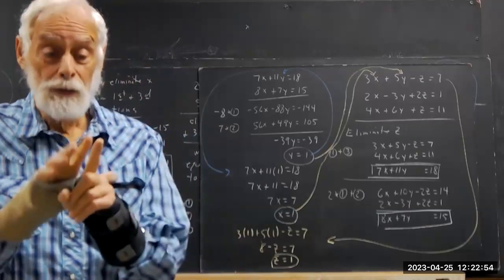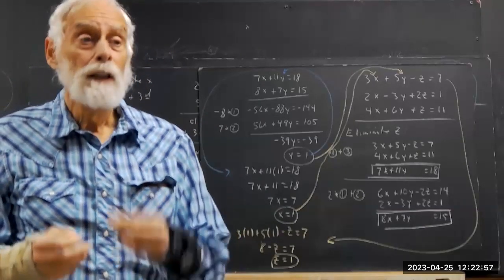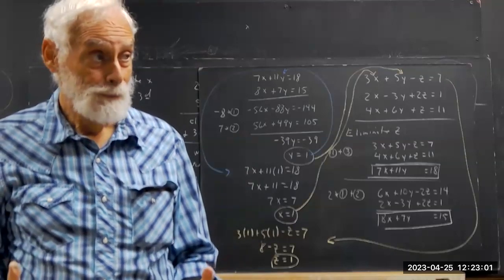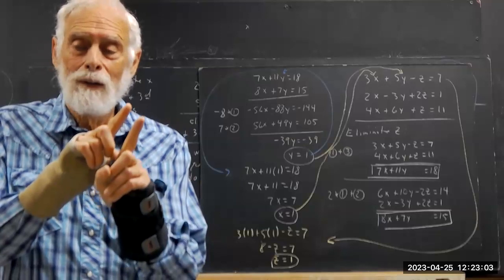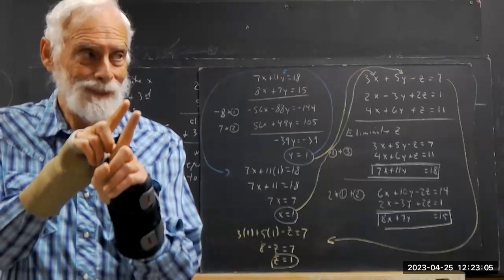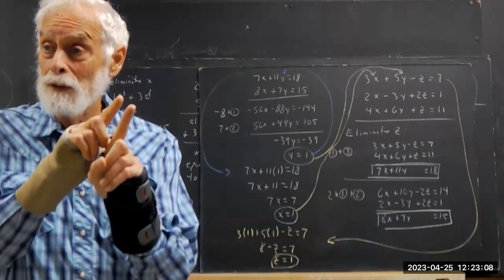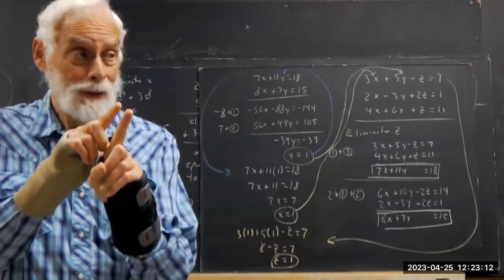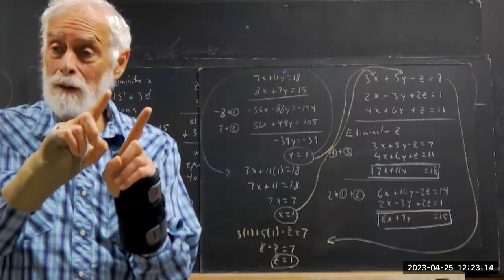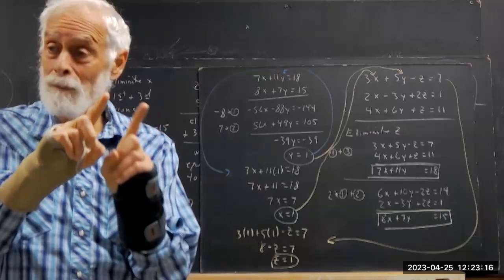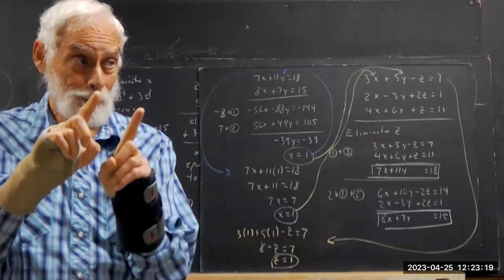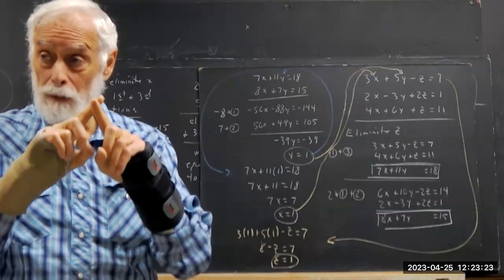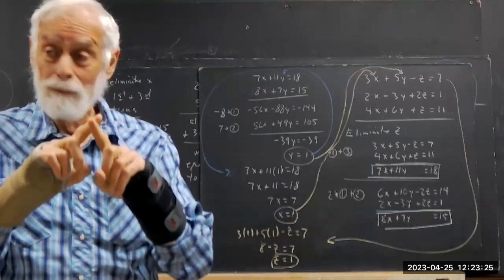So you can have infinitely many solutions, because what you're looking for is a set of points that satisfy both equations. If you have parallel lines that are right on top of each other, meaning they're the same line, then every point on that line is a solution. If you have parallel lines that don't intersect, there's no point that lies on both lines. If they're not parallel, they will intersect, and it'll be exactly one point where they match.